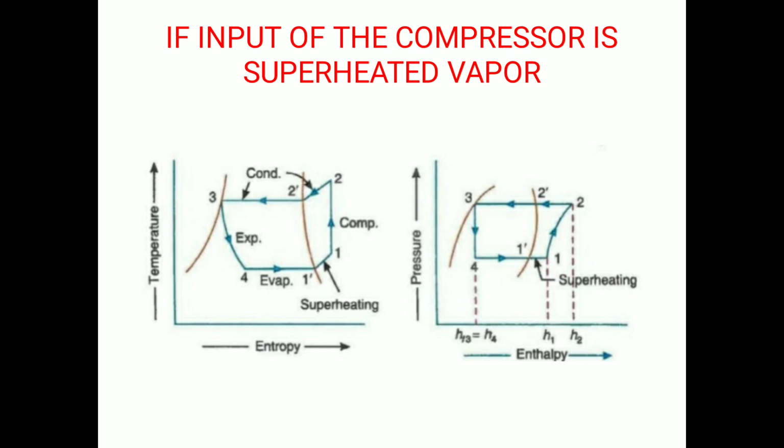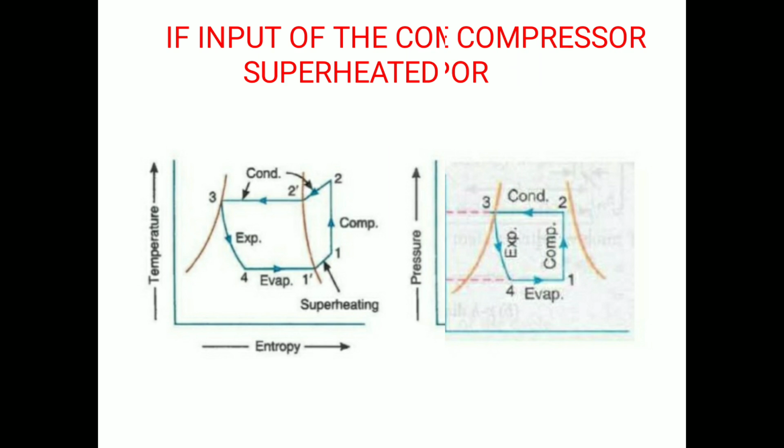Process 1 to 2, we know, is isentropic compression. Process 2 to 3 is constant pressure heat rejection in the condenser, process 3 to 4 is throttling, and 4 to 1 is constant pressure heat addition in the evaporator. So this is the case if the input of the compressor is superheated vapor.